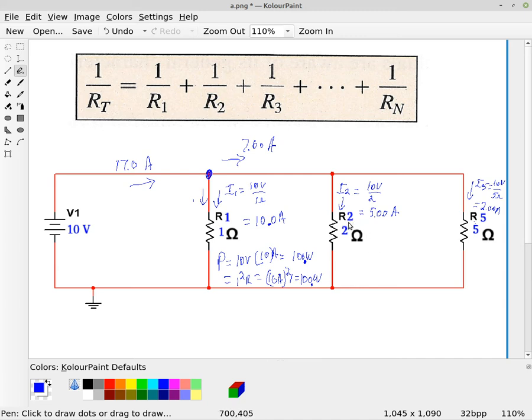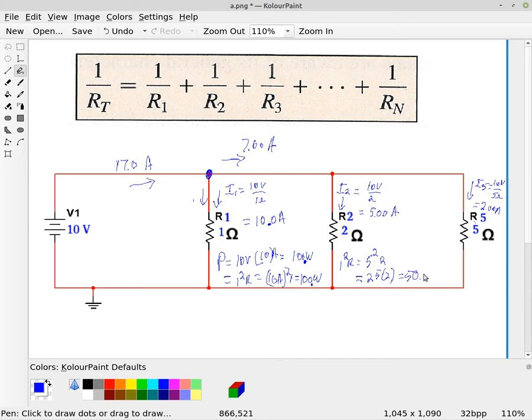This resistor is 2 ohms. So its power is I squared R, which is 5 squared times 2, which is 25 times 2, which of course is 50 watts.